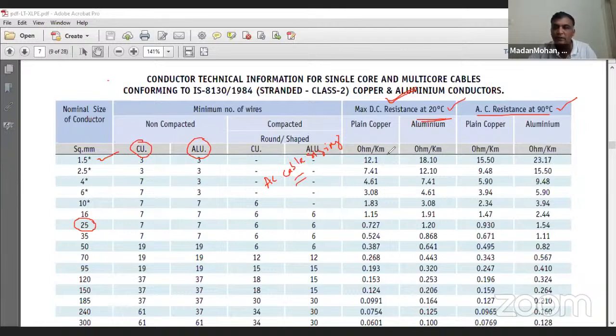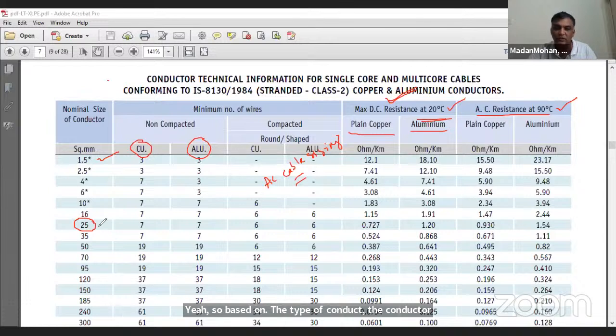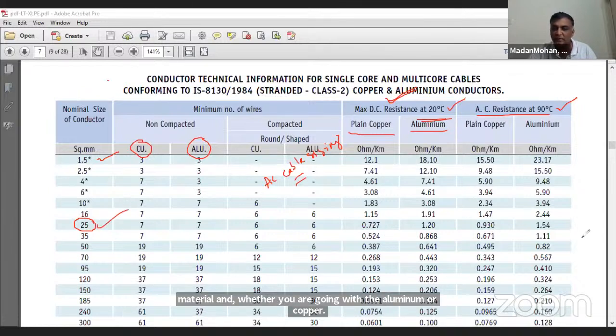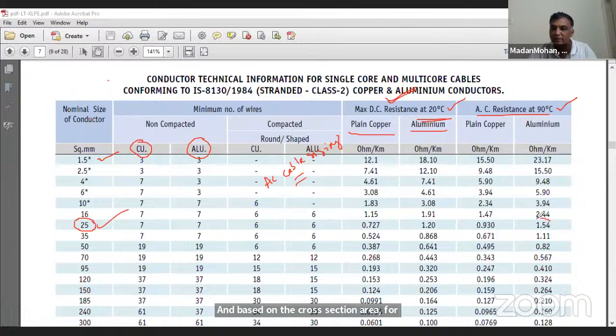Based on the type of conductor material, whether aluminum or copper, and based on the cross-sectional area, for example 25 square mm, for an aluminum conductor the resistance you have to take is 1.54. Units are very important here: 1.54 ohms per kilometer.